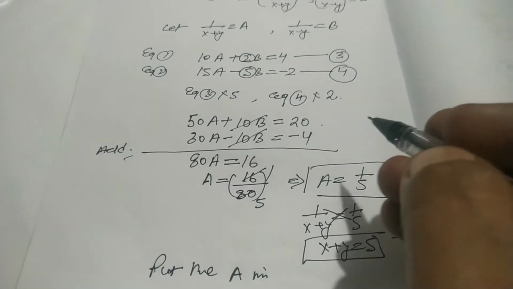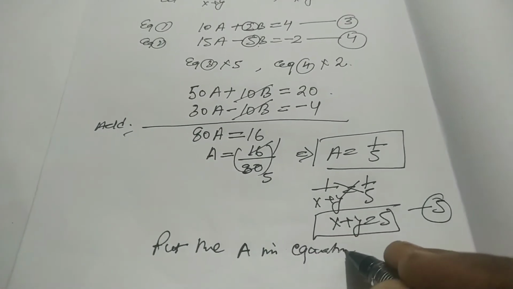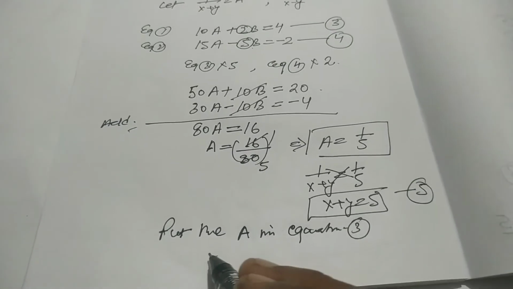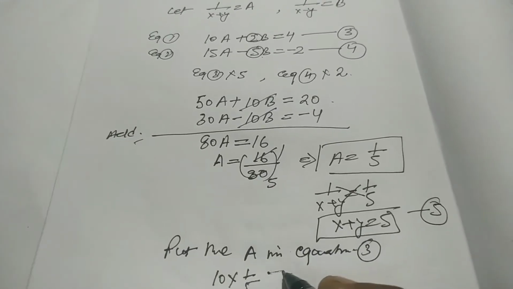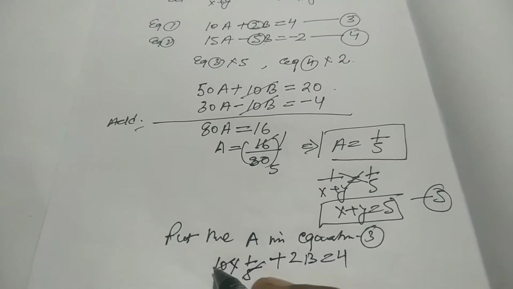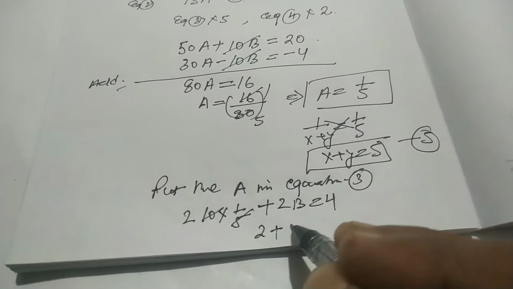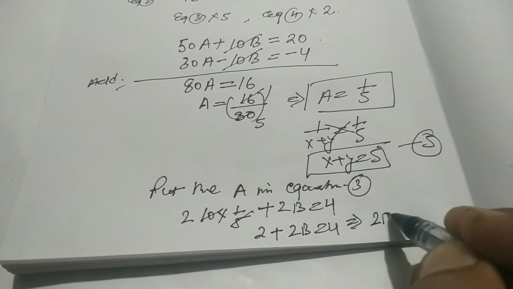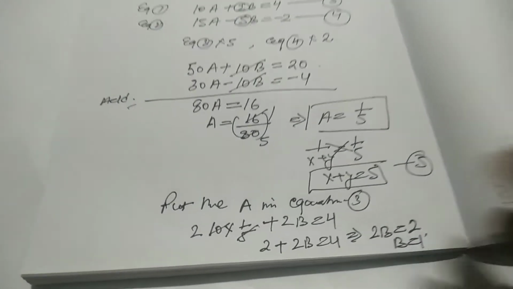I am going to put it in equation third. Then we have 10 into a, which is 1 upon 5, plus 2b is equal to 4. This is 2 plus 2b is equal to 4. This implies that 2b is equal to 2, so b is equal to 1.